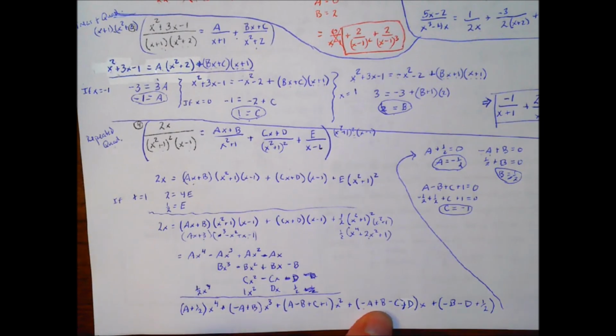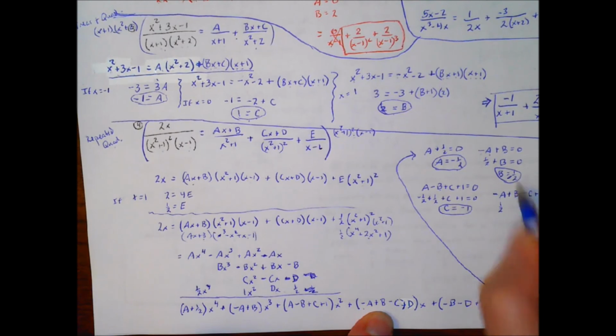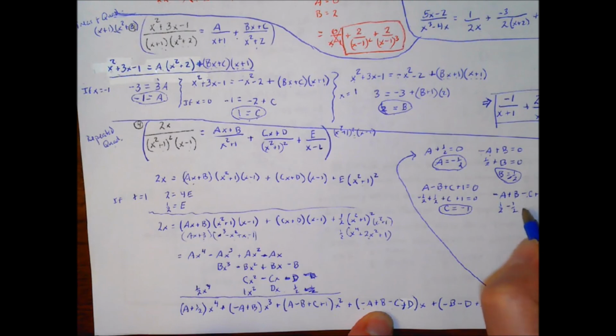Okay, the next one, I have negative a plus b minus c plus d equals 0. So negative a is 1/2. My b is negative 1/2. My c is negative 1. So negative c makes it positive 1. So those cancel. Subtract that over. I get d is equal to negative 1.